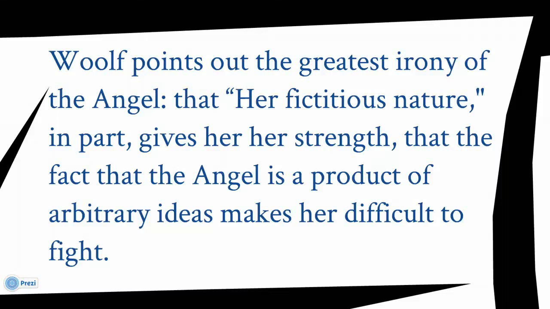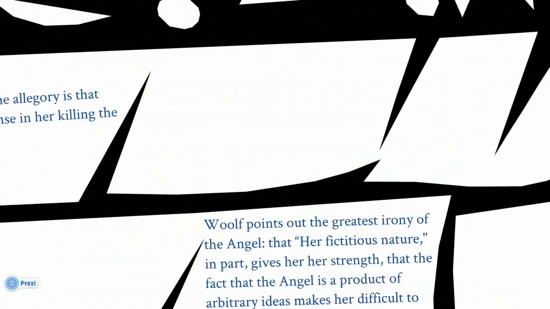I believe Woolf's exact words were, she died hard, her fictitious nature helping her in that bit. And so she's basically saying here that the fact that the angel is fictitious, is completely made up, is merely a product of society, that somehow makes her harder to kill.